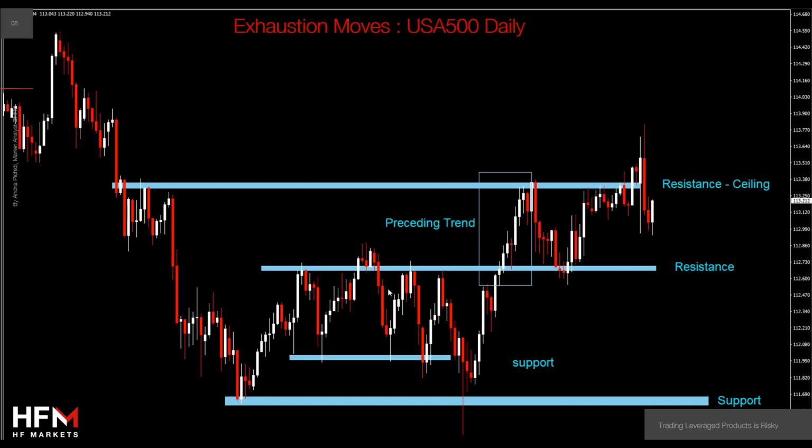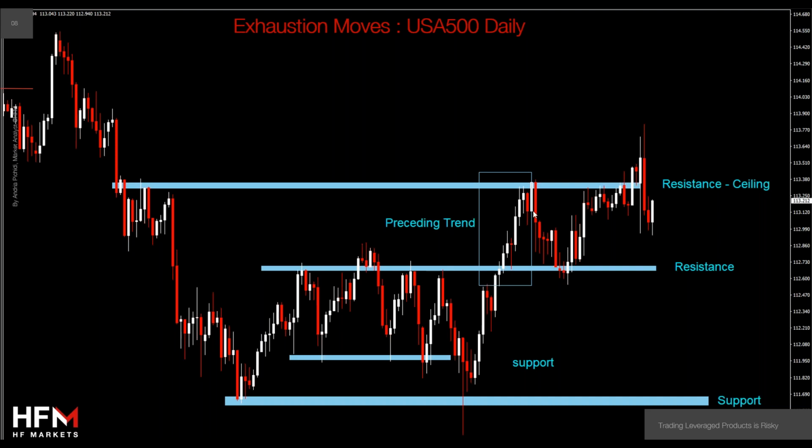Either measure the range and put your target based on the same range over here, or check for past support and resistance levels. So the past resistance level was this one, so that was a nice target level for me.